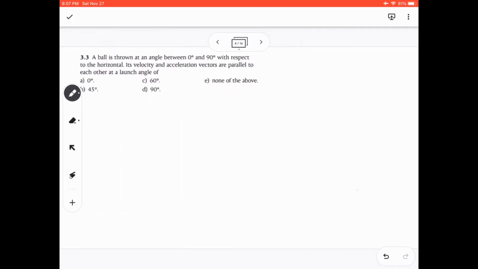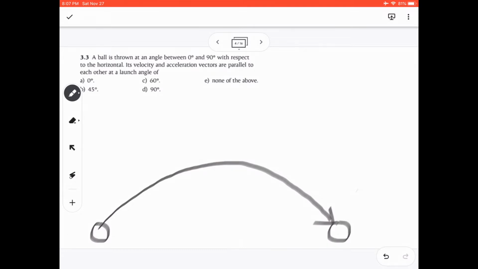Let's say this is your projectile, then you will launch it at an angle, and if it's an ideal projectile, it will follow this trajectory. So at any point of the projectile, the acceleration is always downwards. At any angle, the acceleration is always downwards. There is always a vertical acceleration, and it's always downwards, and it's always 9.81 meters per second squared.